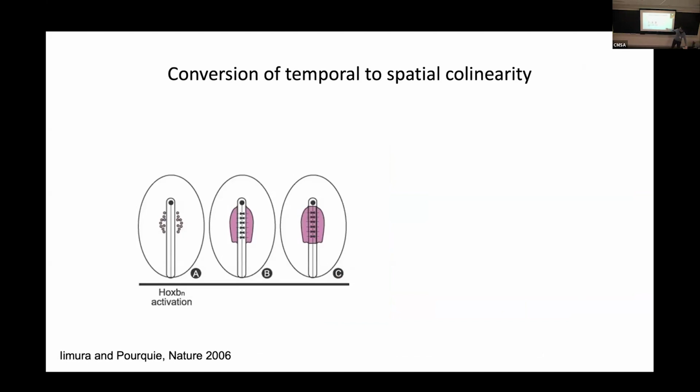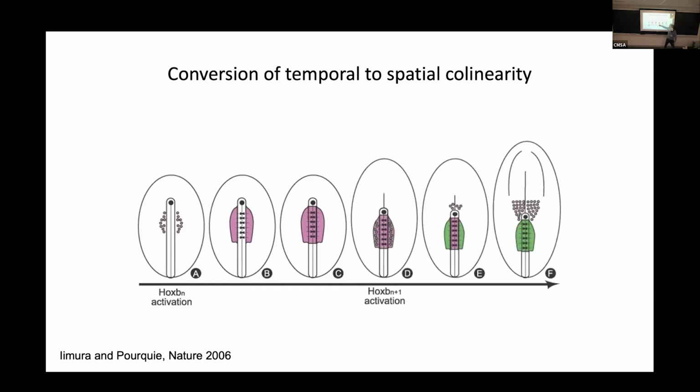So for instance, for this same gene, eventually at some point the cells enter, and then you have this staggered expression. So the next gene here starts to be expressed in the domain of the cells that already express the pink one. And then the cells that express only the pink enter, so they are located more anteriorly.